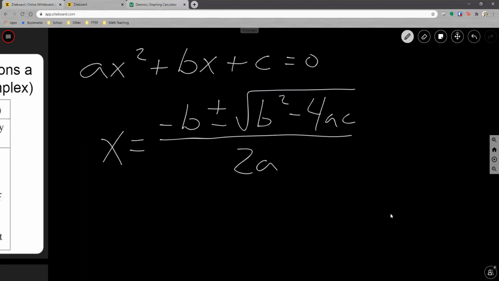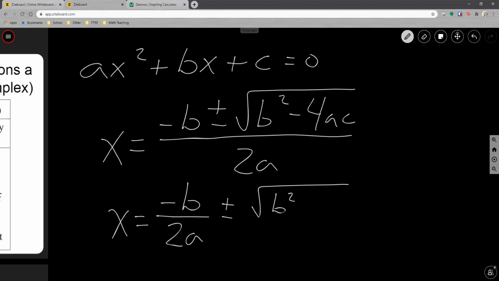Well, what I'm going to do is divide this up into two pieces. Because remember, we're in standard form. If I break this up into two pieces, I'd like you to look at the left side piece first.